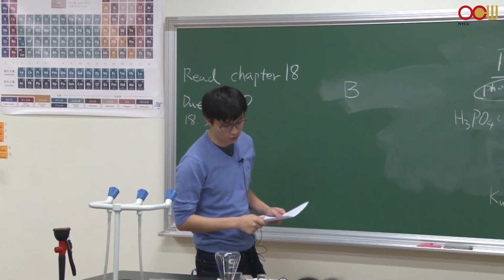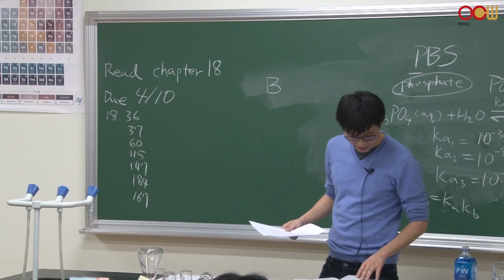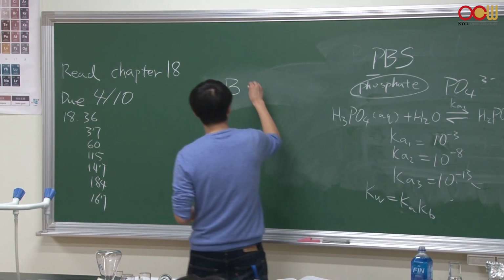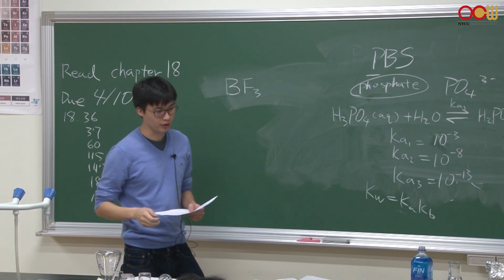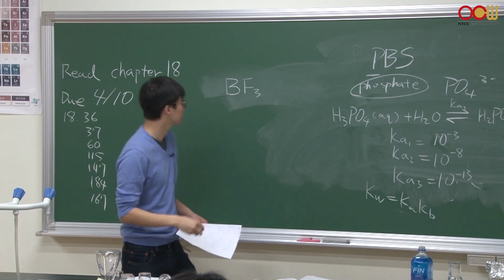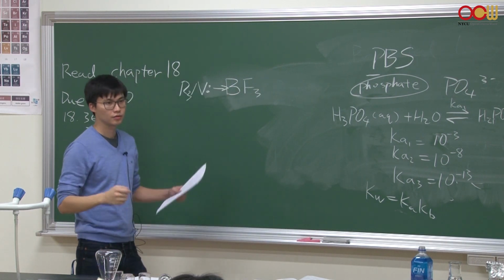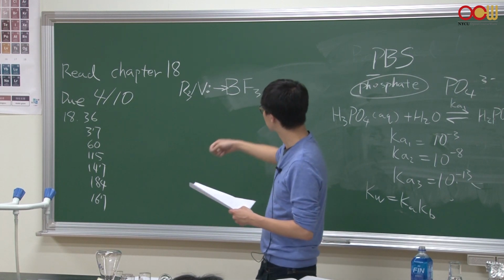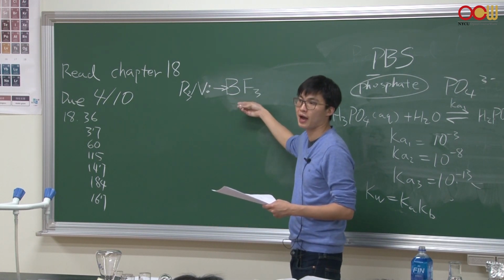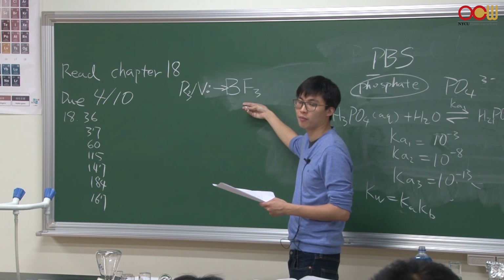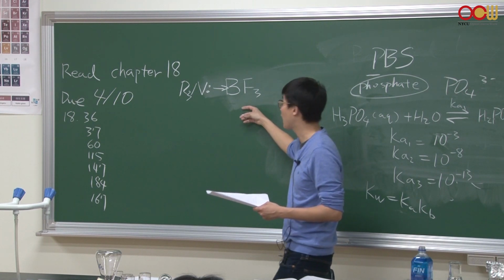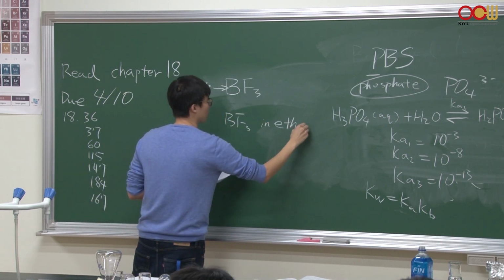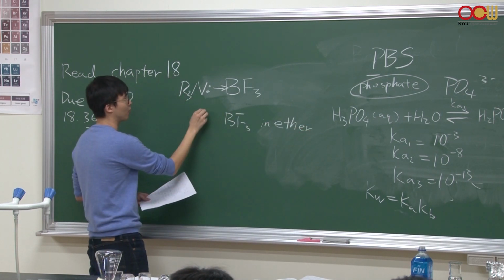A perfect example of a Lewis acid and Lewis base you can look at on your page 828. BF3, when you have an amine, is going to form this bond. This is a very classic example. If you buy BF3 from a vendor, a lot of the time they will sell you BF3 in ether, and the most common ether is diethyl ether.